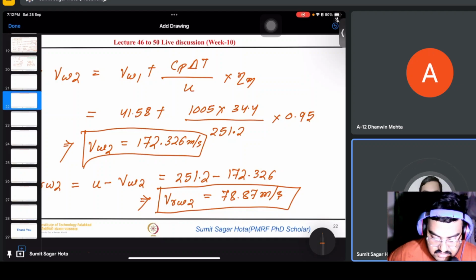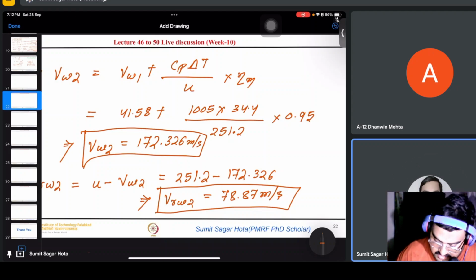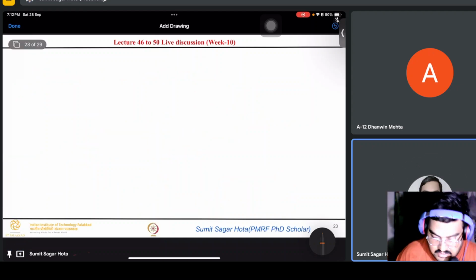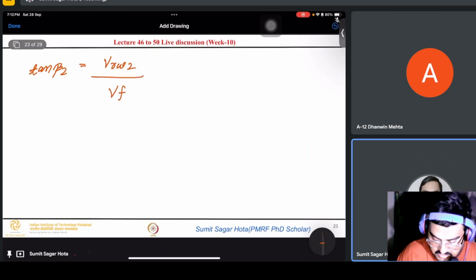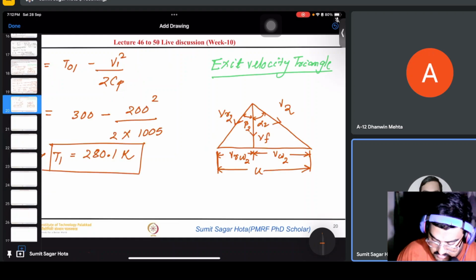Next we find out tan beta 2. What is tan beta 2? Tan beta 2 is equal to Vrw2 divided by Vf. If you see in the velocity triangle, one more thing is also same, that is the Vf for the inlet and the Vf for the exit is same.